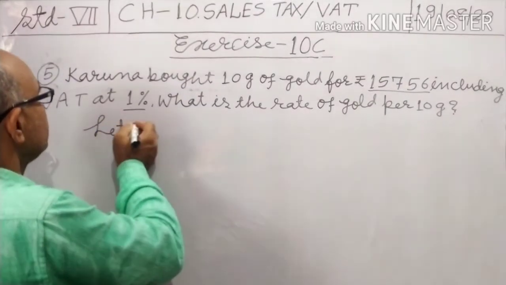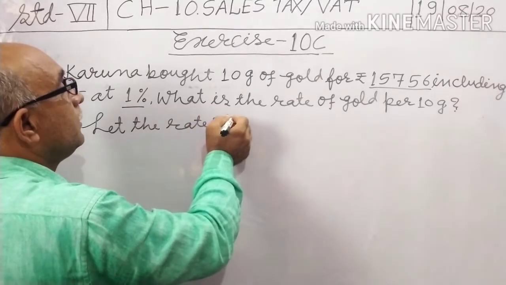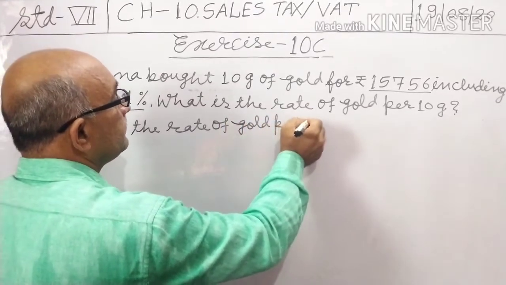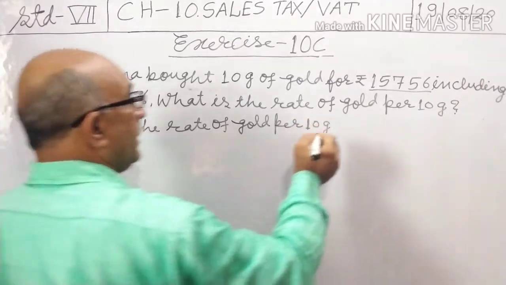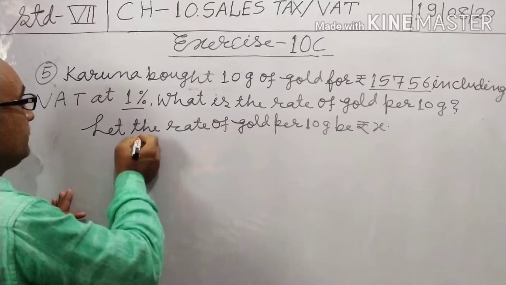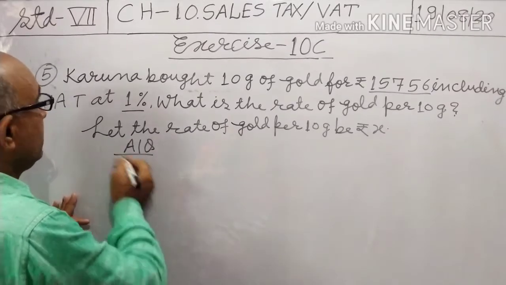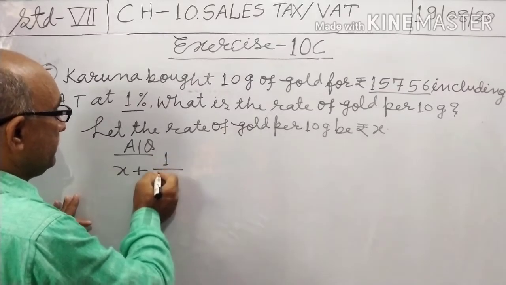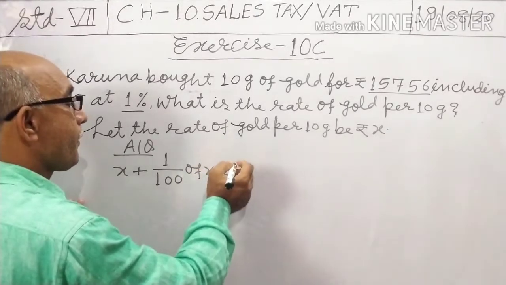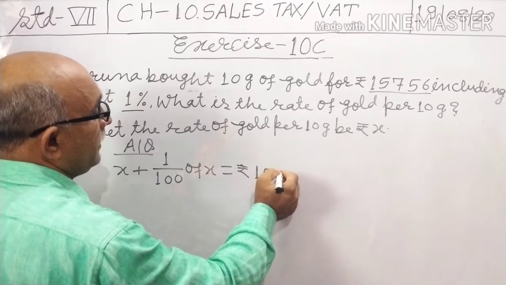Suppose the rate of gold per 10 gram be rupees X. So according to the question, X plus 1% VAT, so 1 by 100 of X equals rupees 15,756.